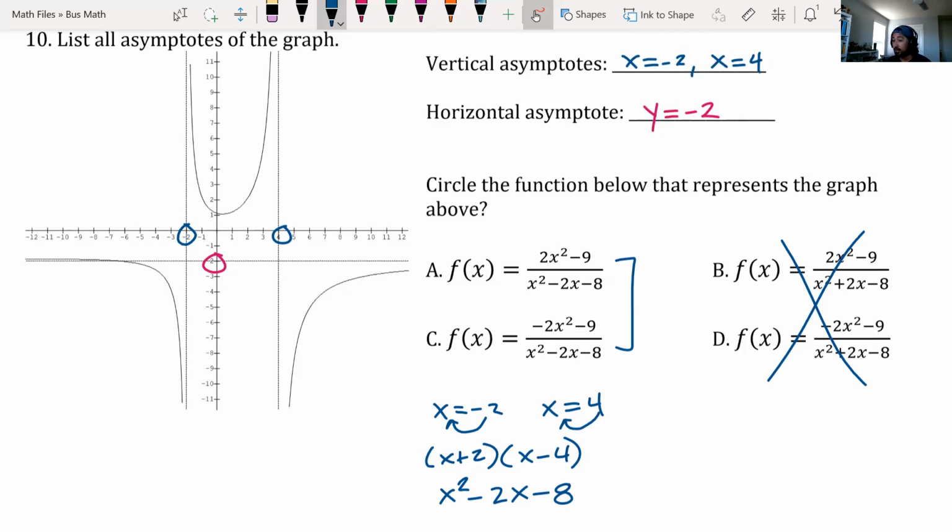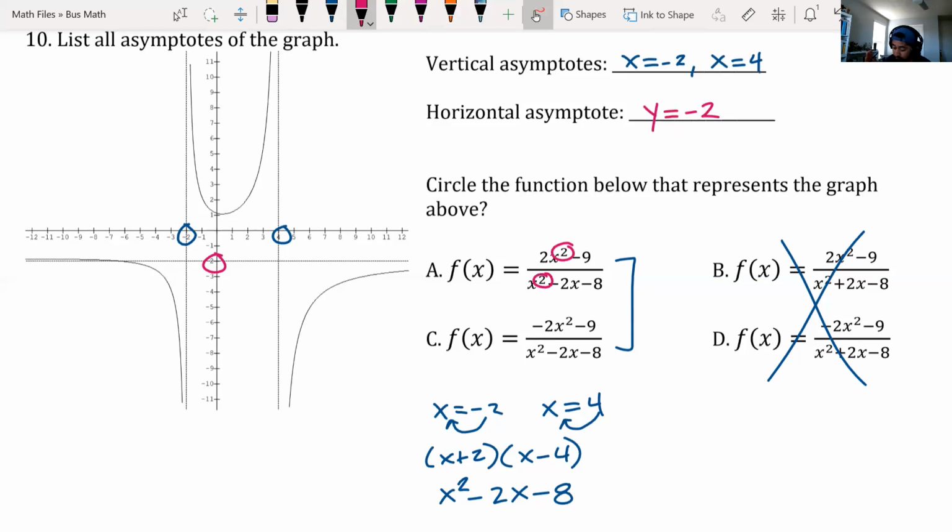Okay. And now, since we've taken care of the denominator, we must take care of the numerator by using the horizontal asymptote. If we get a horizontal asymptote of -2, this means that we are using rule 2 of the horizontal asymptotes, which states that your degrees must be equal. So let's look at our functions A and C. In A, I have a degree of 2 and another degree of 2.